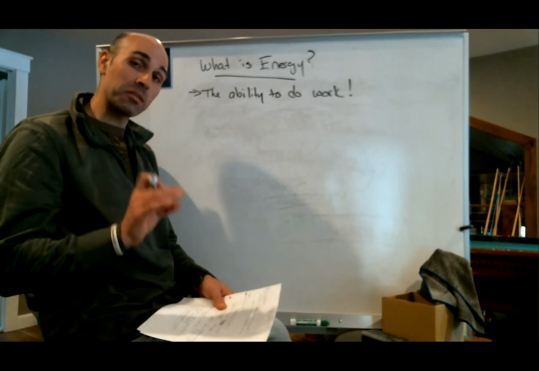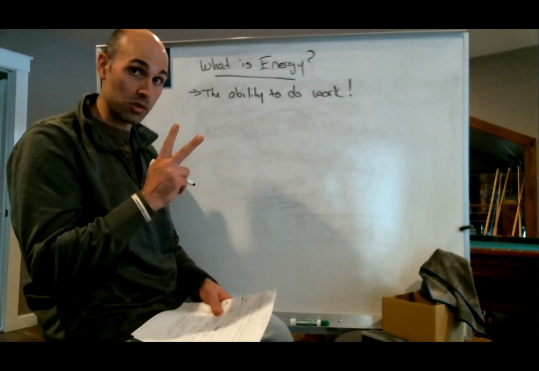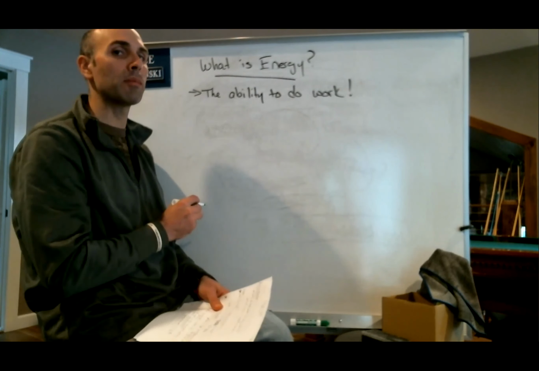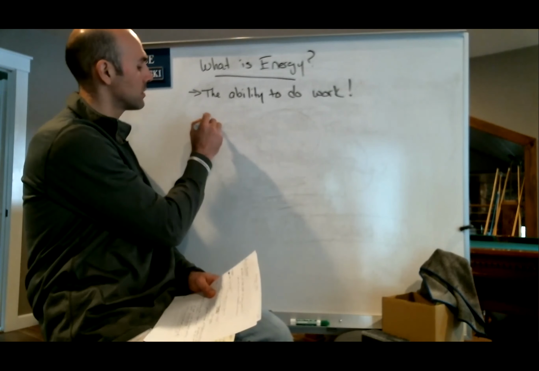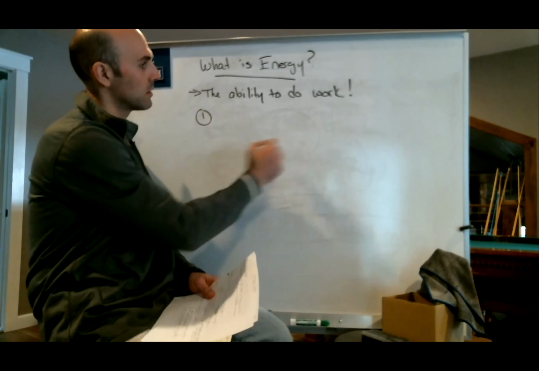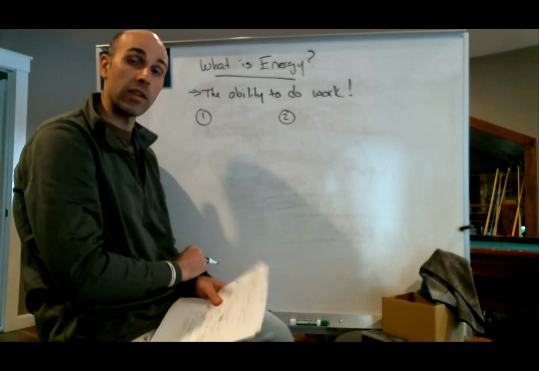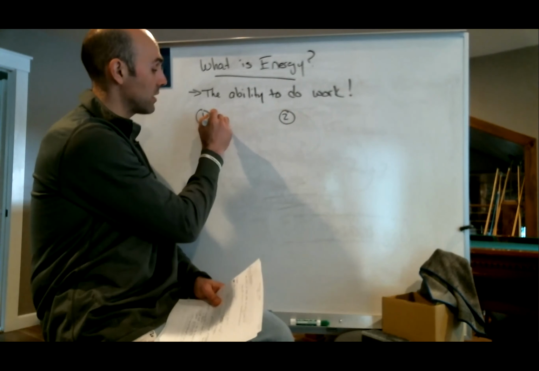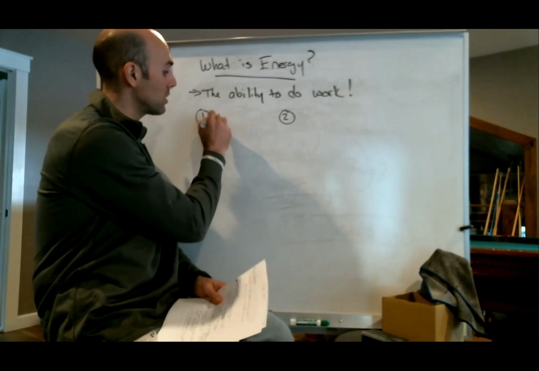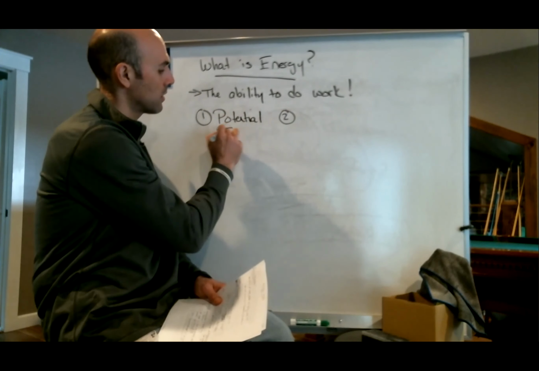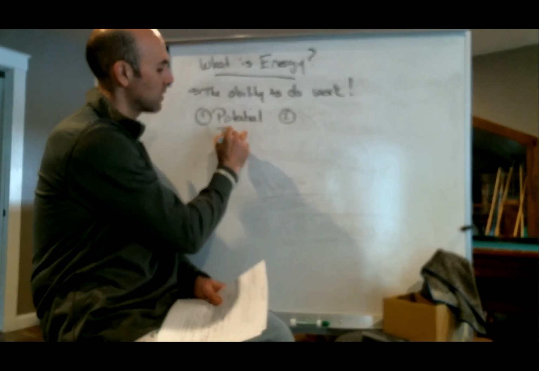So we're going to be specifically talking about 2 types of energy in this first set of notes. So what do you think those two types of energy are? Very good. We have gravitational potential energy, and we have kinetic energy.